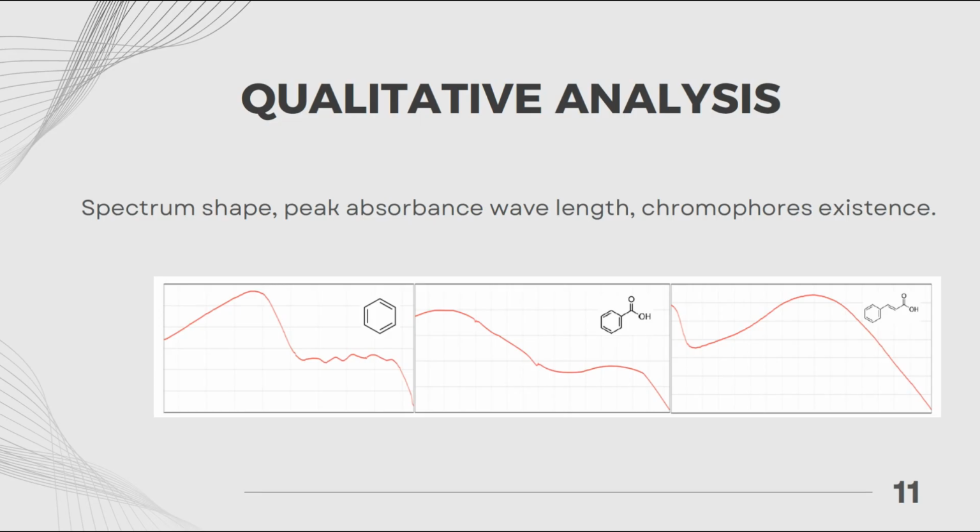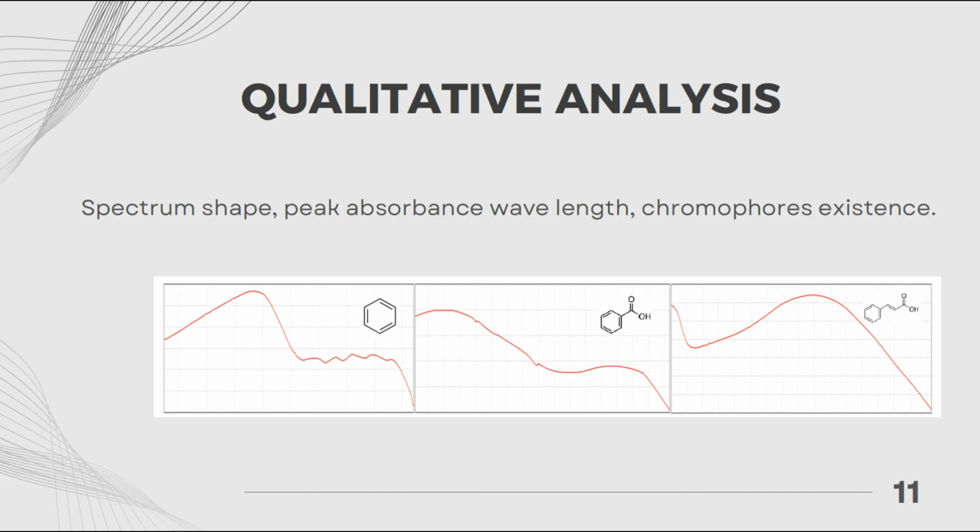So by measuring pure compounds, you may easily distinguish them just with the spectra. You may work with the spectrum shape and peak absorbance. Peak absorbance, once again, is one or a few points of the highest absorption.